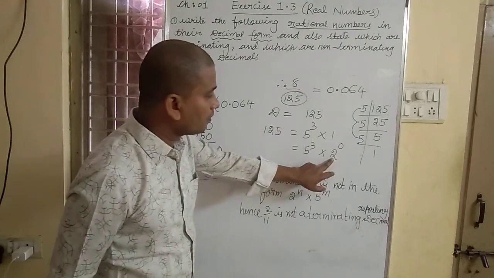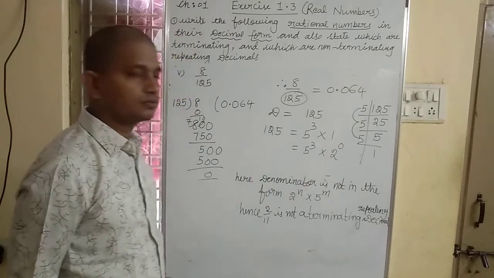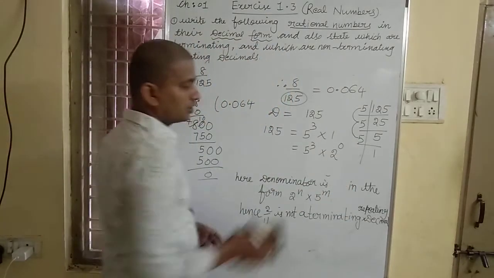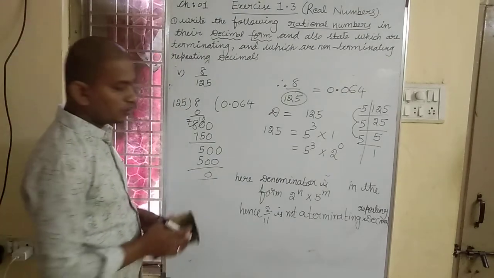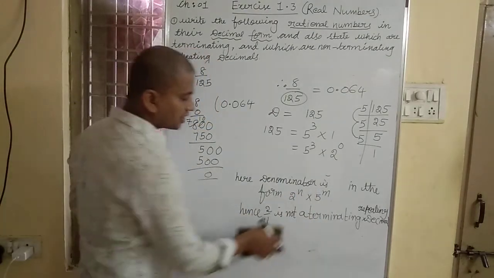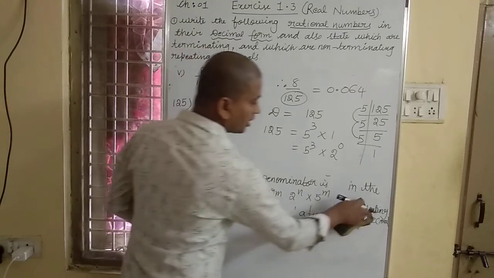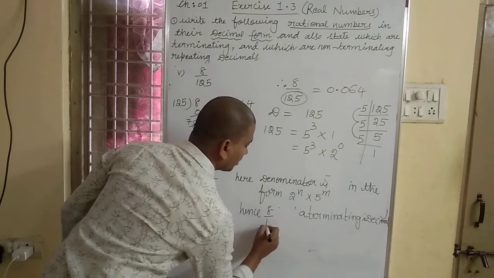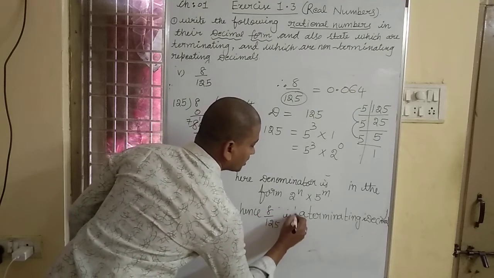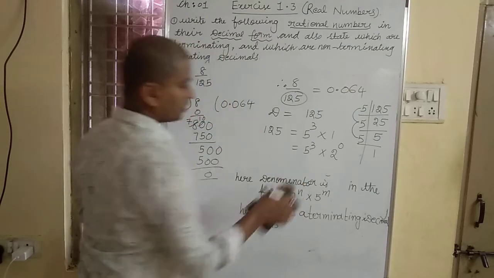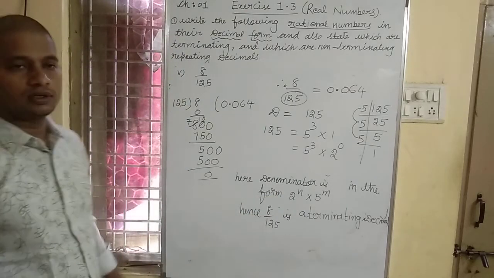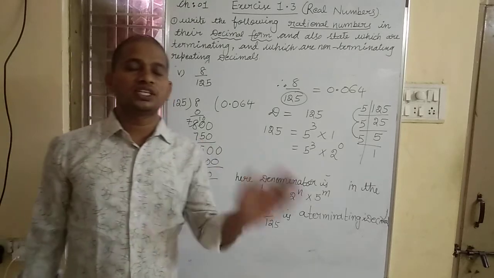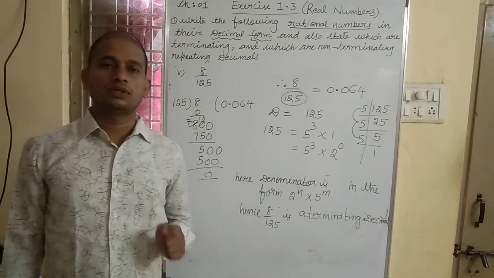See, which is in the form of 2 power n into 5 power m. The denominator is in the form of 2 power n into 5 power m. Hence it is a terminating decimal. Hence 8 by 125 is a terminating decimal. I hope you understood this question, whether it is a terminating decimal or non-terminating decimal.